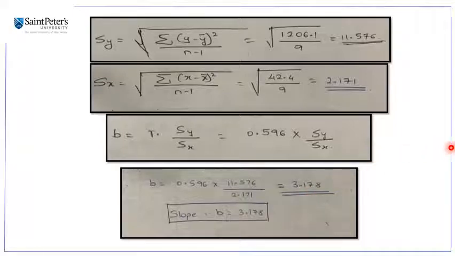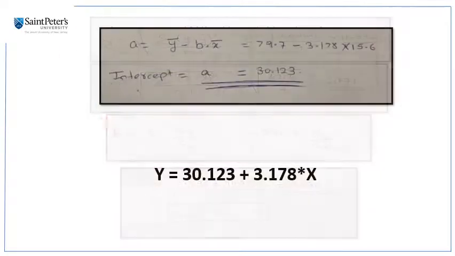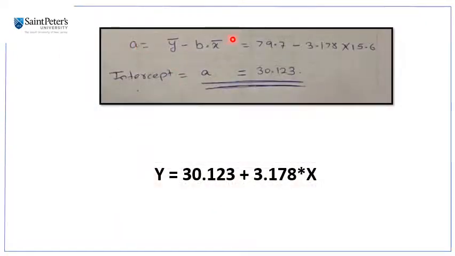After putting these values in the equation, A, that is the intercept, is equal to 30.123. Now that we have the slope and intercept, our regression line formula is y is equal to 30.123 plus 3.178 multiplied by x.